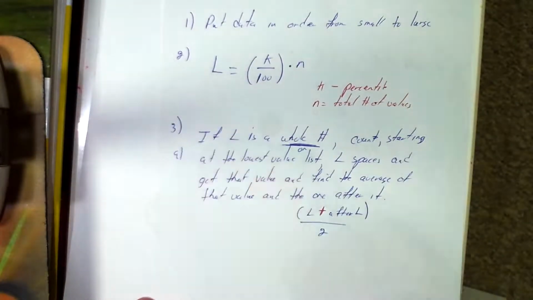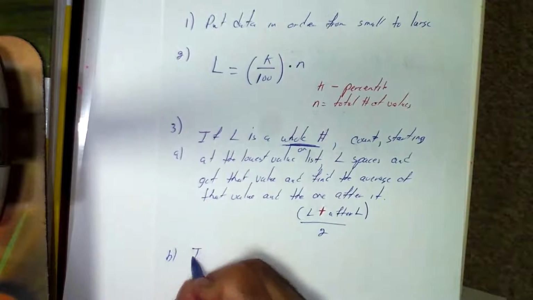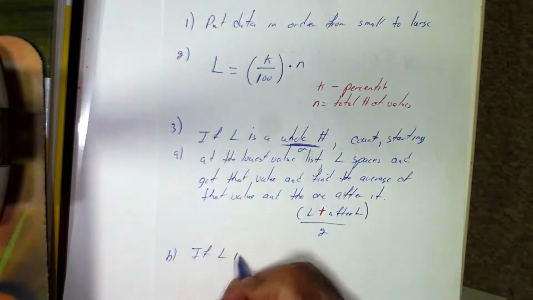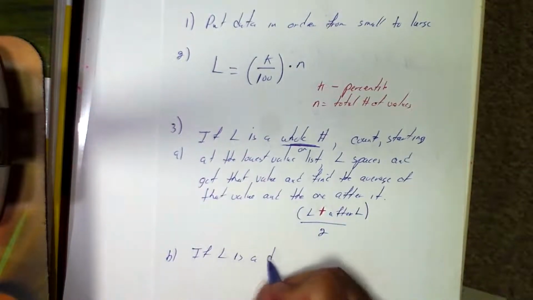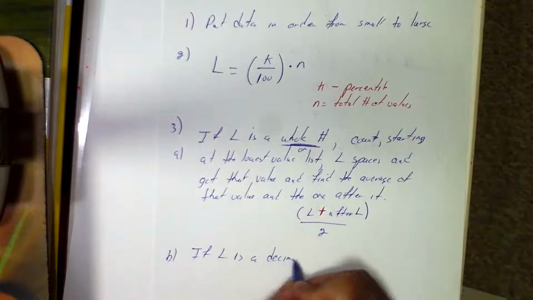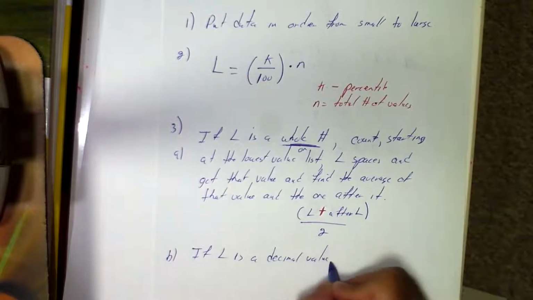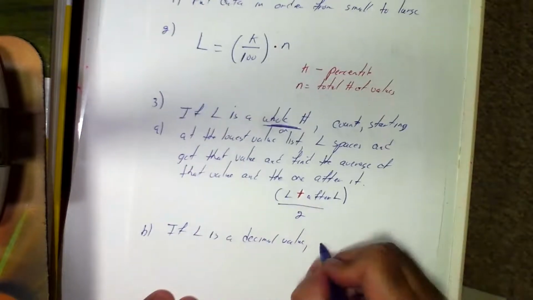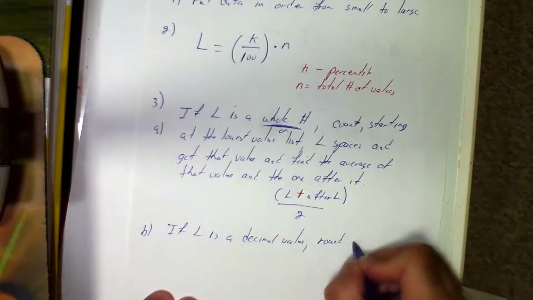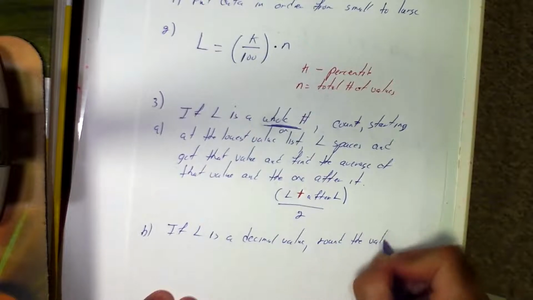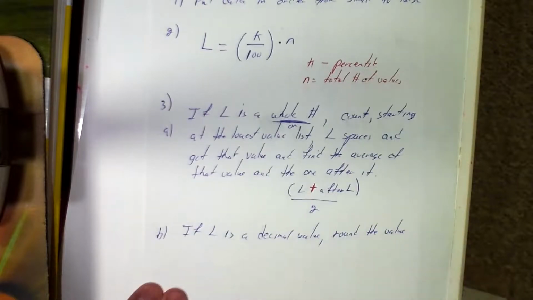Or if L is a decimal value, you're going to round up. You're going to round the value up. You're going to break the rules of rounding. If you have a decimal value like 13.1, you're going to bump it up to 14.